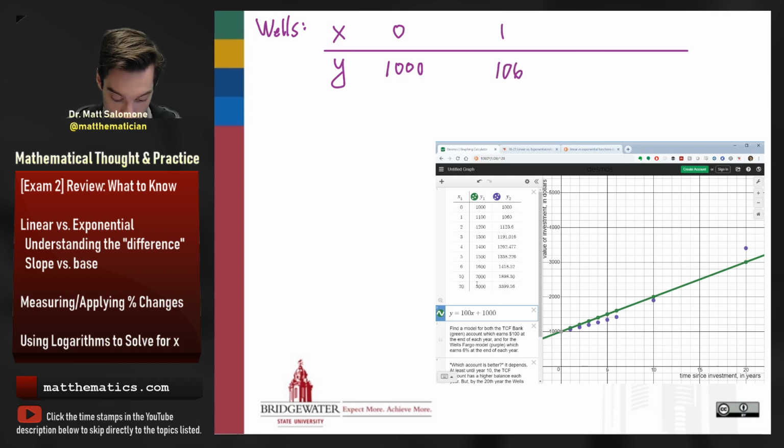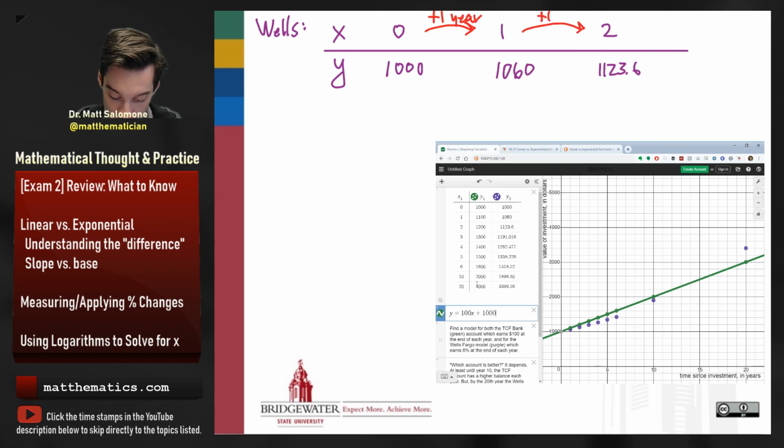So I'm just going to put in, well, maybe I'll go up to year 2, sure. And so this is 1,123.60.